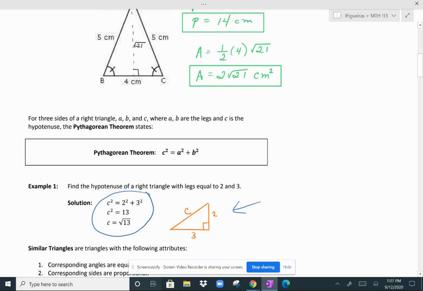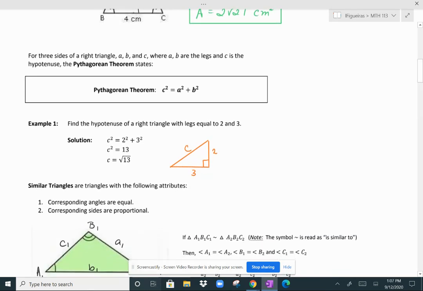But when you take the square root, remember you're solving for the length of the hypotenuse, so you only want the positive answer. You wouldn't put plus or minus the way we often do when solving equations like this. It's just root 13.